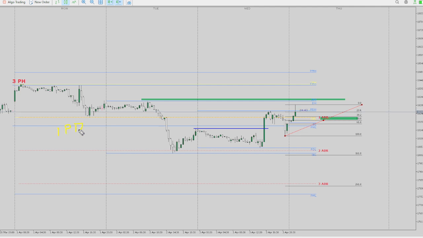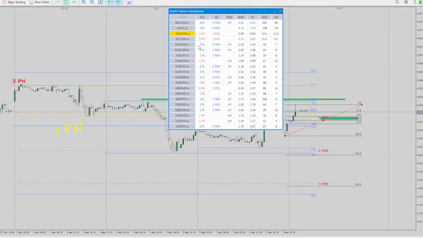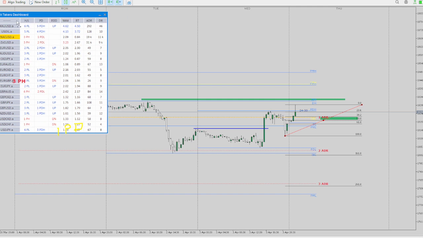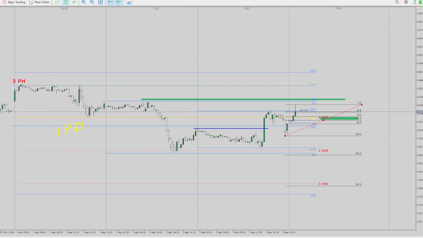Now remember the dashboard, let me show you, because the way this thing is programmed, it does not count the resets. And this was a reset. So that's why we see 3 days out and one break. It's only counting this break of the low, but we're going to count that. So now we have 1 break, 2 breaks. There was no break here.